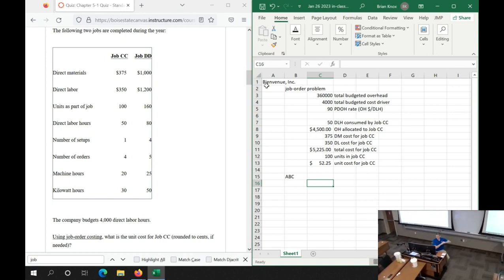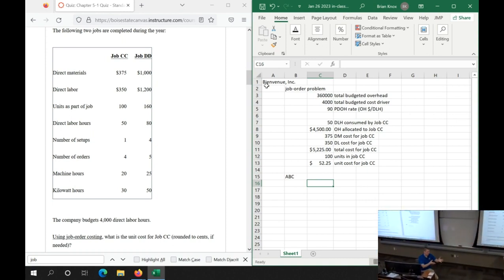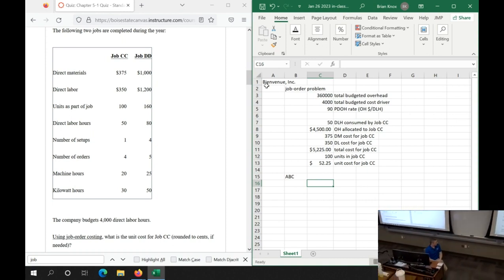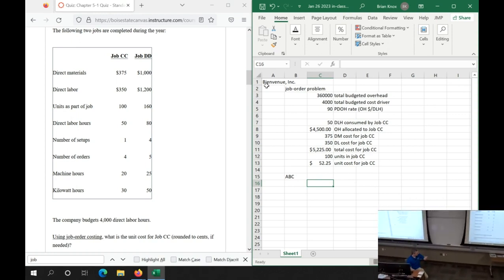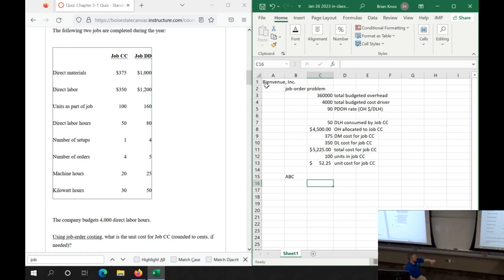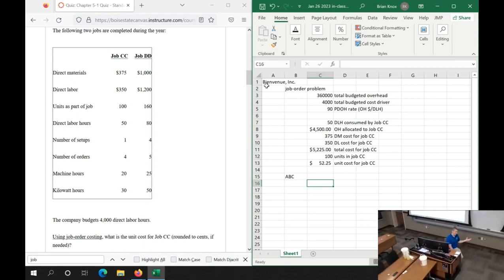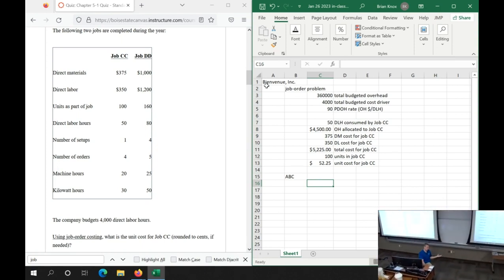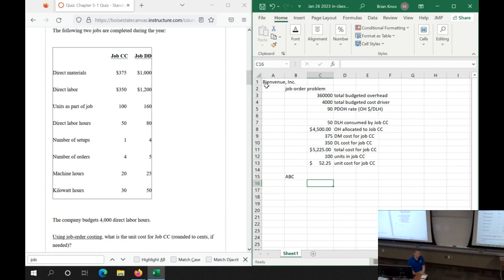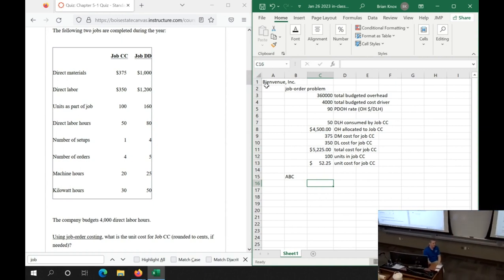But the answer is yes to your question. Yes, in job order costing, we're just going to use a much simpler one driver, and we can ignore the setups, orders, machine hours, kilowatt hours. In fact, they're probably not tracking that even if they're using job order costing. The firm, we wouldn't really have that information if it were just using job order costing.